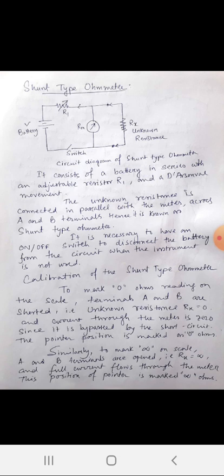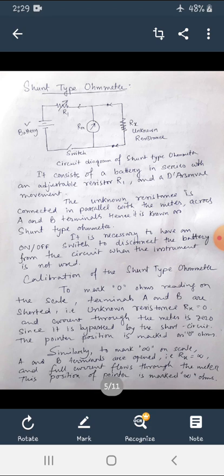And there is a switch to turn the circuit off or on, to disconnect or connect it. So it consists of the battery in series, adjustable resistance R1, and the meter movement, also known as the d'Arsonval movement.